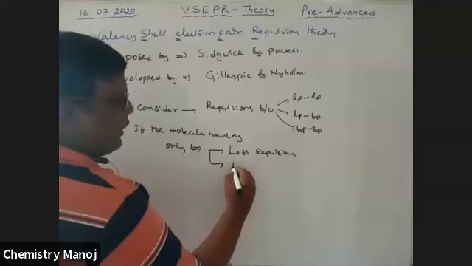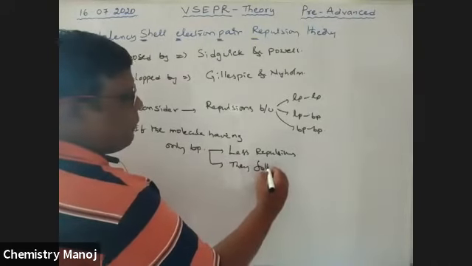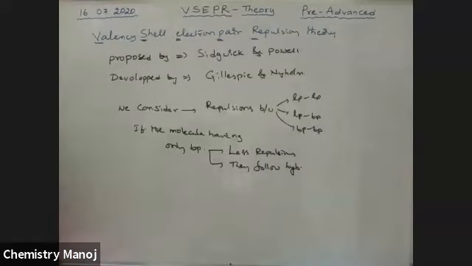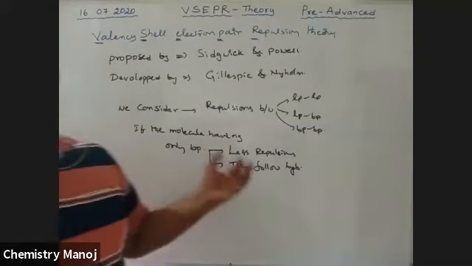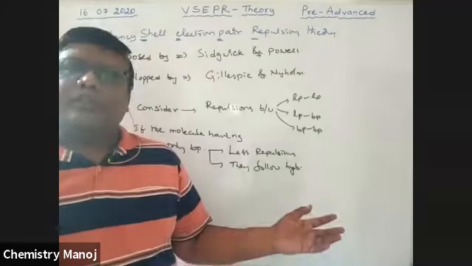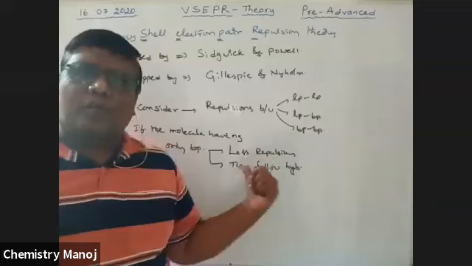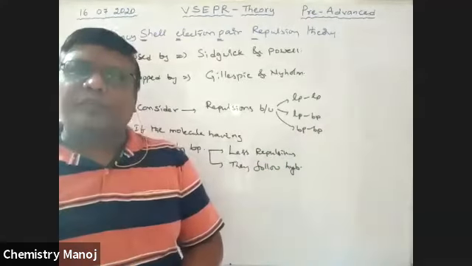That means they follow hybridization. If the molecule has all bond pairs, automatically the shape follows hybridization. So the shape of those molecules is according to hybridization.